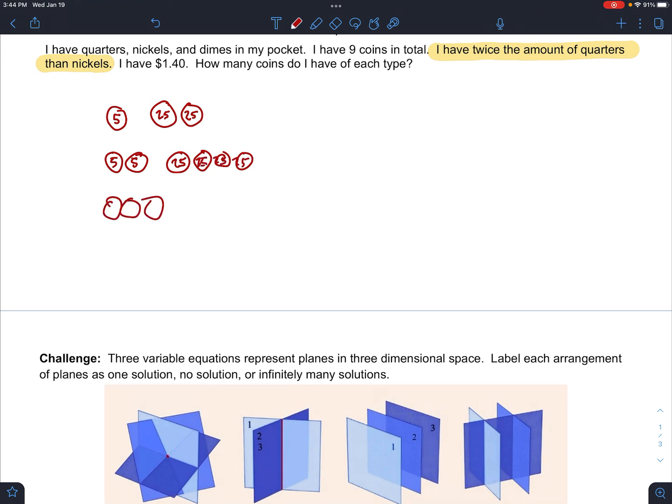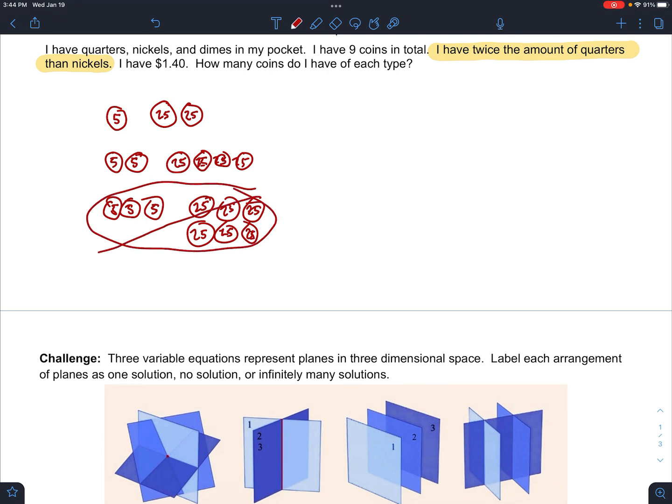Or we have 3 nickels and 6 quarters, which is borderline too many, because we can only have 9 coins, and this is a lot more than $1.50. So that, or $1.40. It's $1.50 plus 15 cents. So that's too much. And we could also have 0 nickels and 0 quarters. You see, I'm using this one equation to establish the different cases I have. So it's either going to be this one or this one.